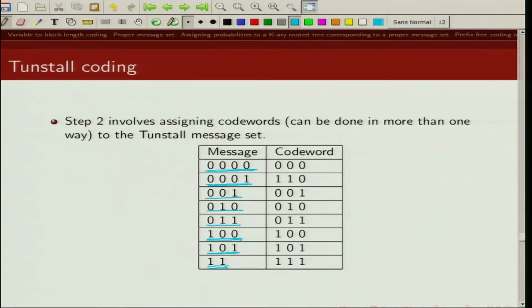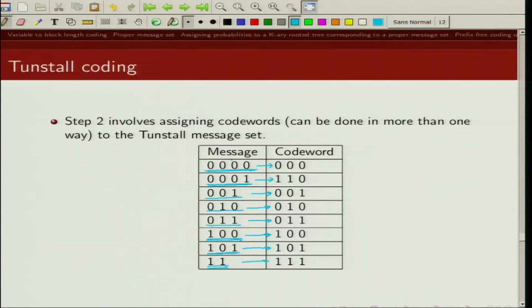Now these are my total m messages. Since I am using binary code words of length 3, I have to assign a fixed length code to each of these messages. I can assign any 3-bit code words. So I just did it 0, 0, 0, 0, 0, 1, and so on, essentially from 0, 0, 0 to 1, 1, 1, those 8 code words you can assign to any of these.